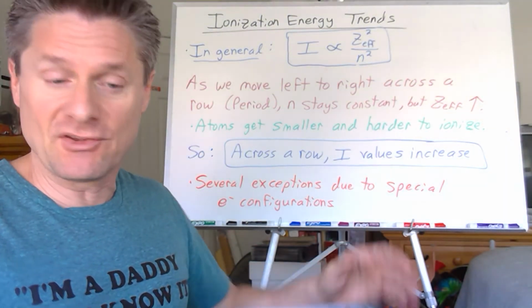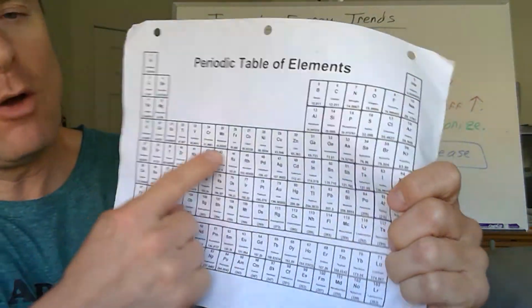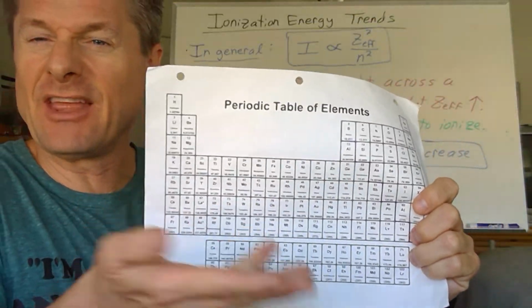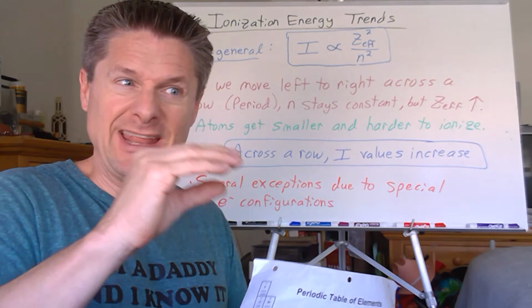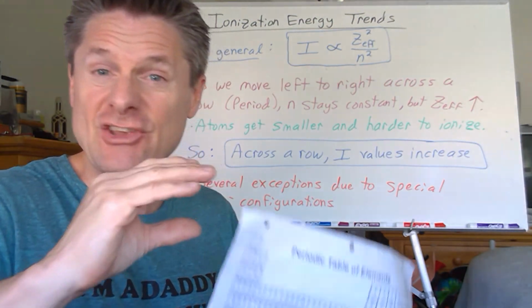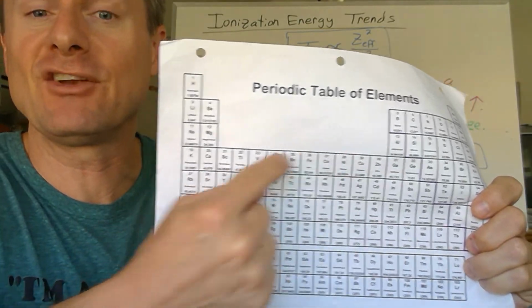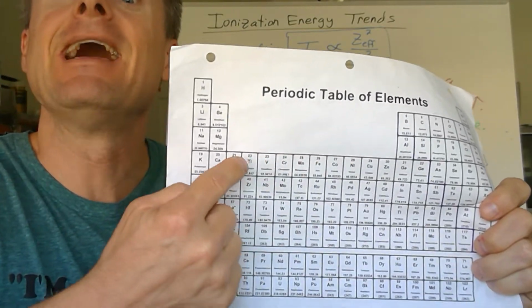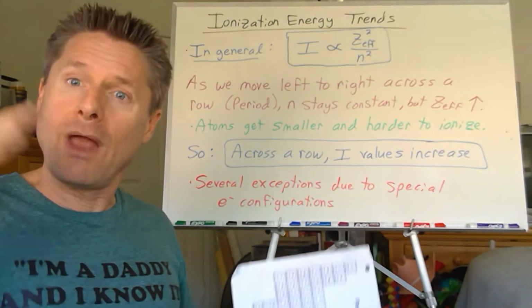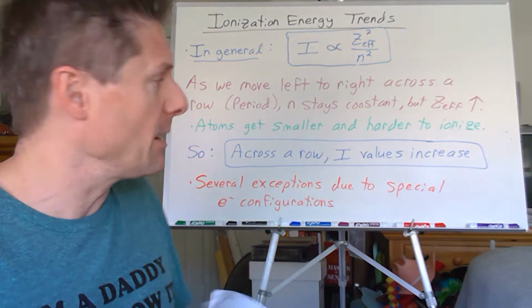There are some exceptions. One, we know in the transition series, there's more electron screening because you're adding electrons to the inner d shell. The Z effective is effectively constant going across here, so atomic size is relatively constant. Ionization energies are going to be relatively the same going across, with some exceptions.